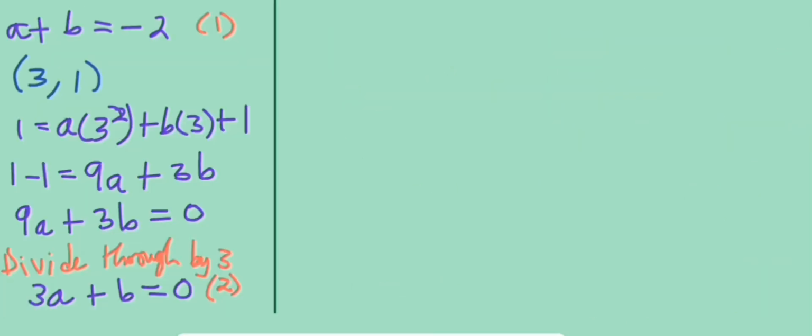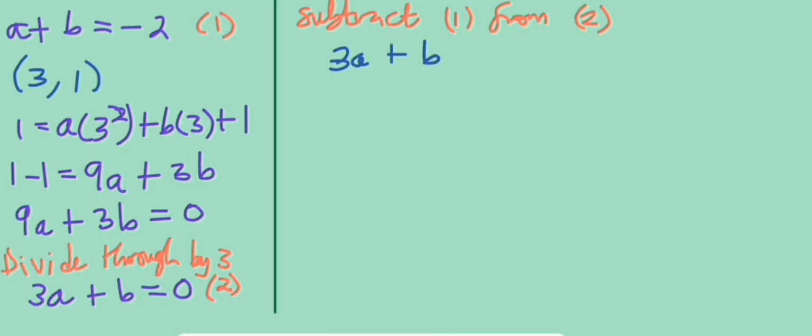We then solve the simultaneous equations that we have by subtracting equation 1 from 2. This equation 2, which is 3a plus b equals 0, minus equation 1, which is a plus b equals negative 2.